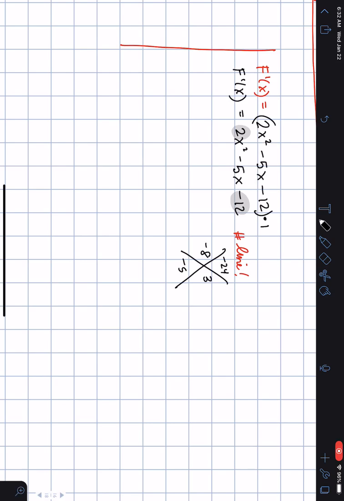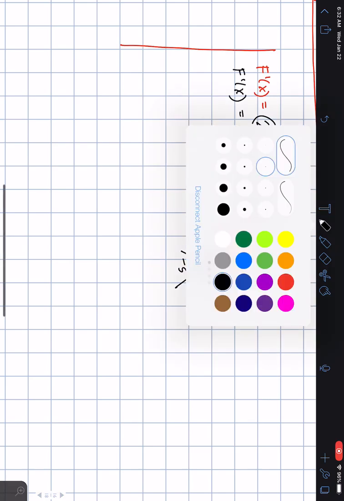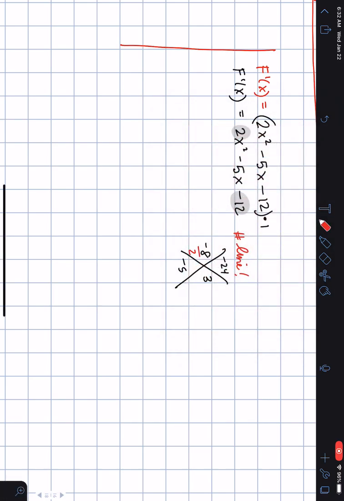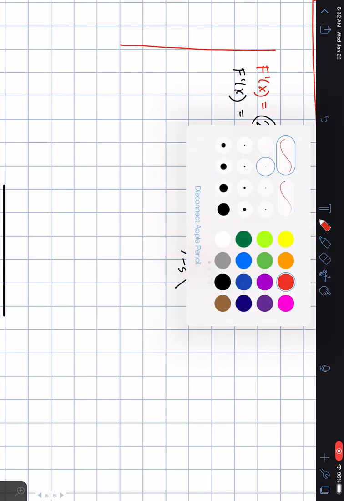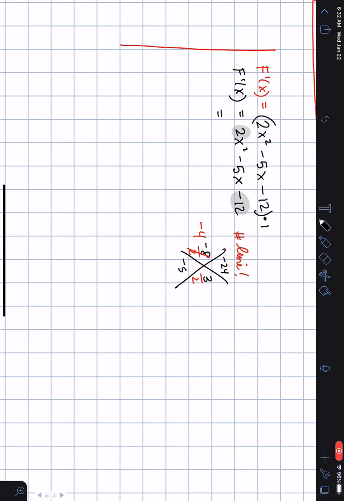Okay, since there was a number in front, we're going to divide both by that number. This is our little shortcut. And simplify, that becomes negative 4. So we'll write x minus 4. And the other one didn't simplify, so we get 2x plus 3.